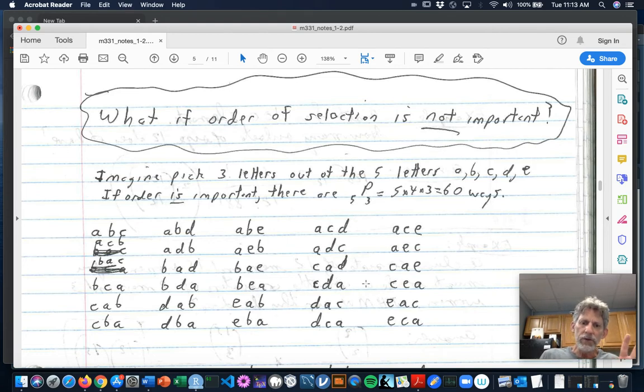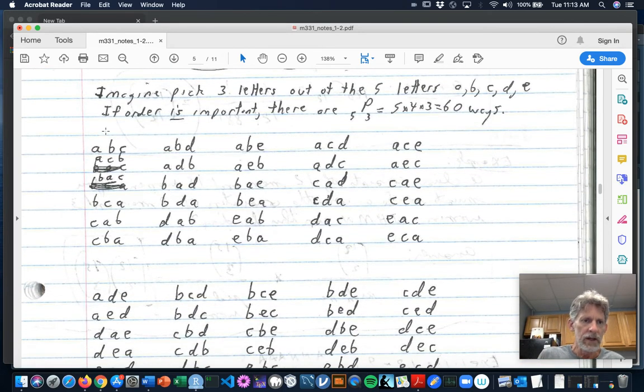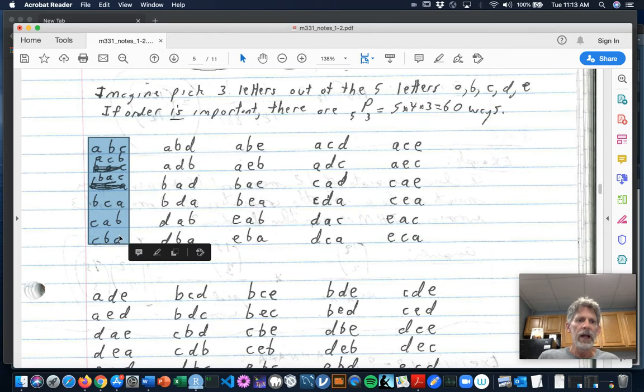But it might be useful just this once to laboriously, systematically list out the 60 ways that you can pick the 3 and put them in a row, okay? And so I've got them listed out here. In this first little column here, all the letters are A, B, and C. It's just the order in which they came that changed.